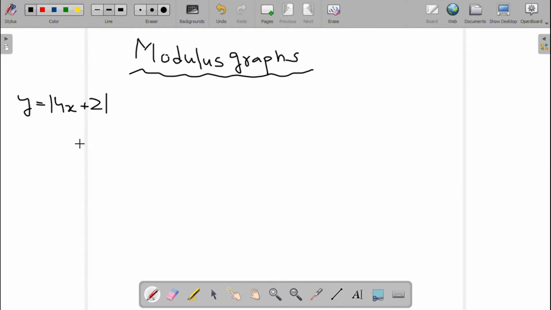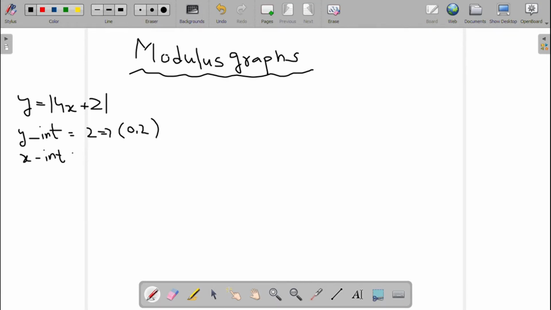When we find the y intercept, put x equals 0, and what you will get is y equals mod of 2, and mod of 2 means 2. So the y intercept is 2, which means that point will be (0, 2).